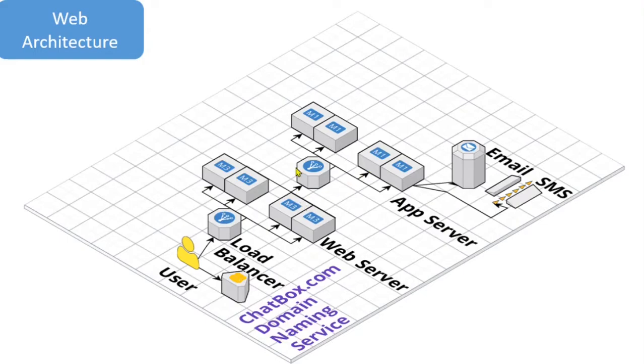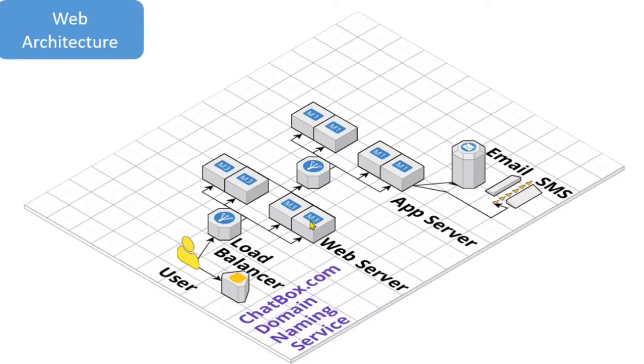What happens if one of your app servers is down? Because you are connecting from the web server to the app server directly, the request coming to this web server will not be fulfilled. Why? Because this app server is down.